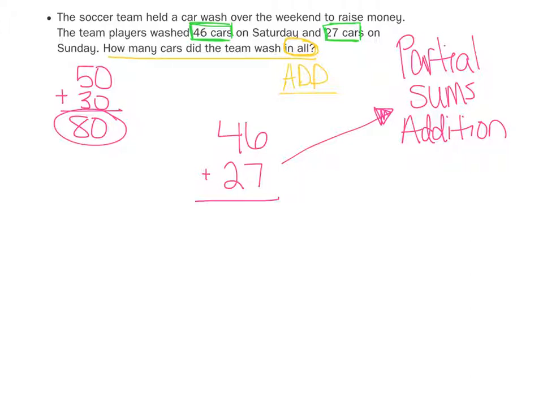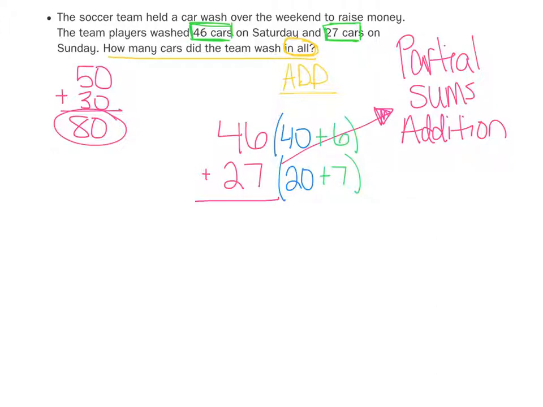So I know that 46 is the same as 40 plus 6 ones, okay? And 27 is the same as 20 plus 7 ones. Okay, all I have done is written each number in expanded form.